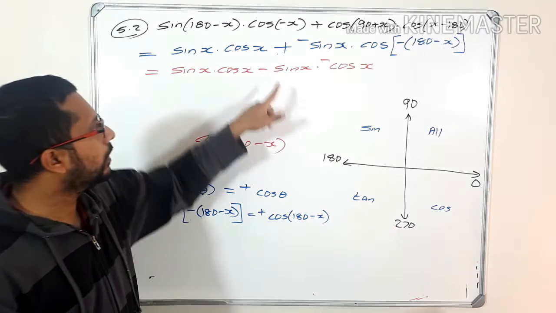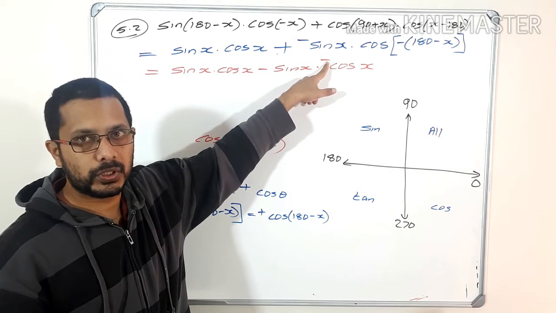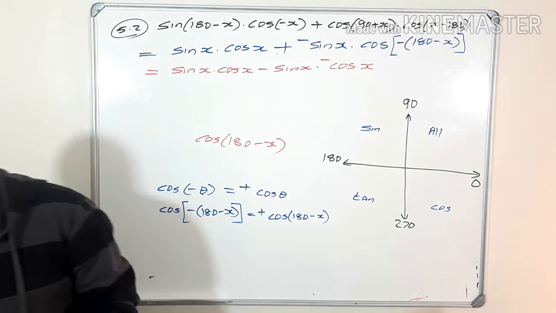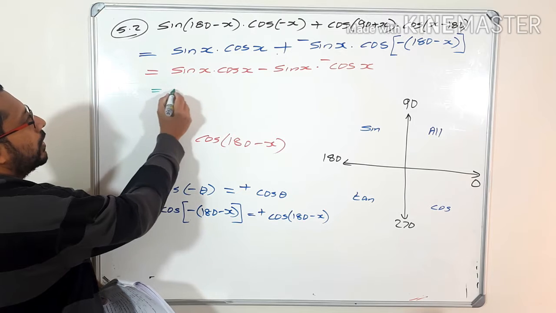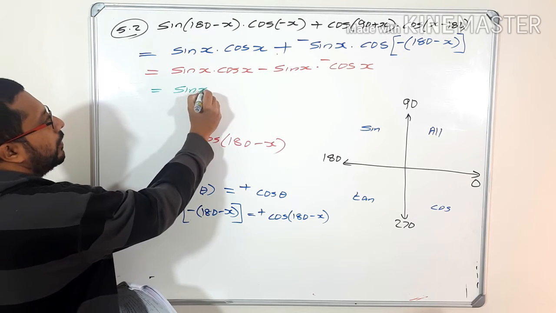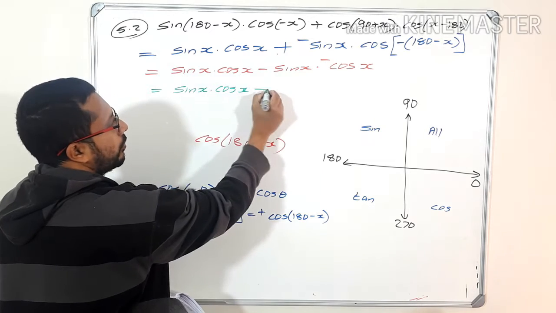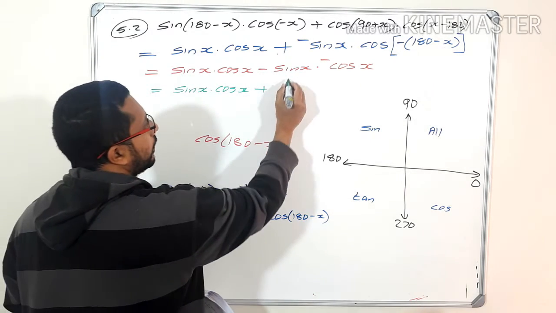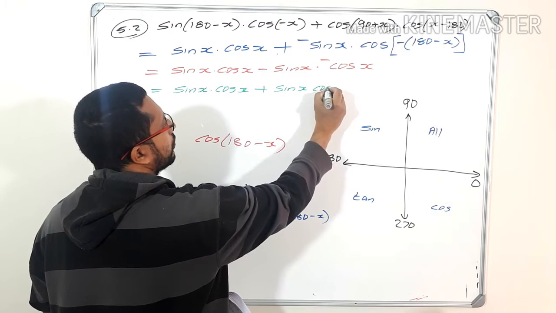So this minus and this minus, again it is going to be positive. Am I right? So in the next step I am going to write this is equal to sin x into cos x. Then this minus and this minus is going to be positive, sin x cos x.